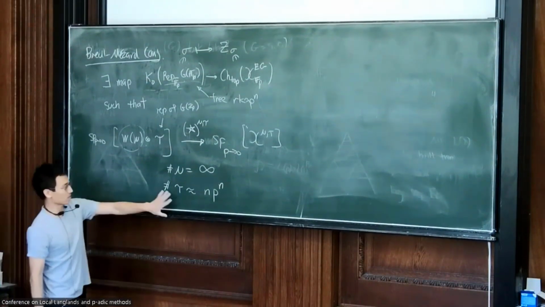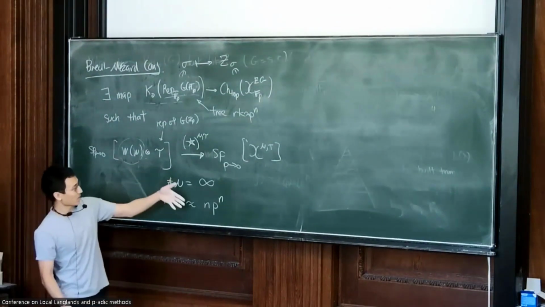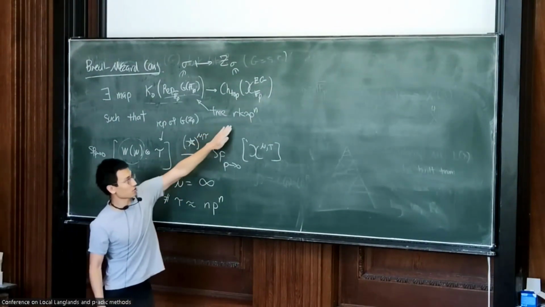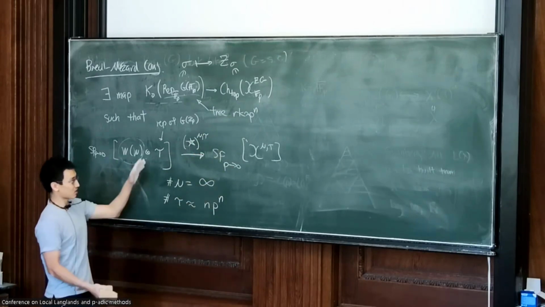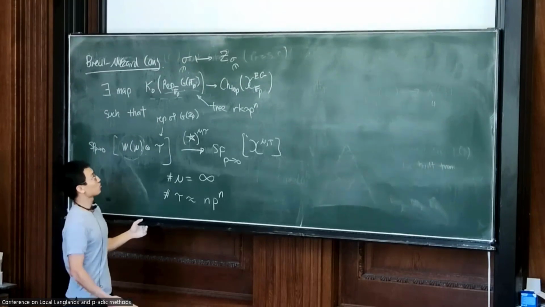So if we can verify a number of these equations which is much larger than this, then that will be actually pretty strong evidence of the truth of this conjecture.